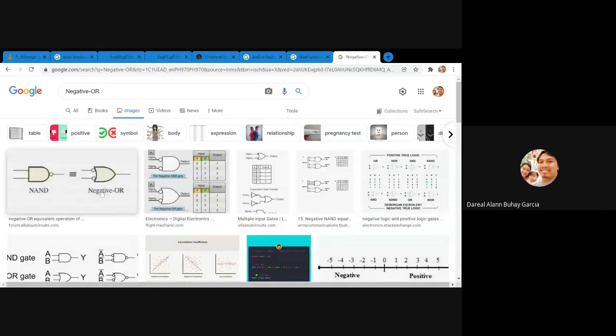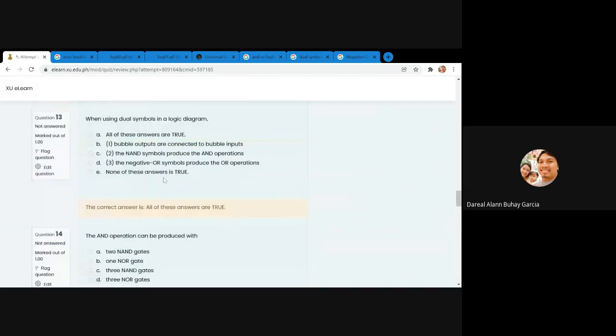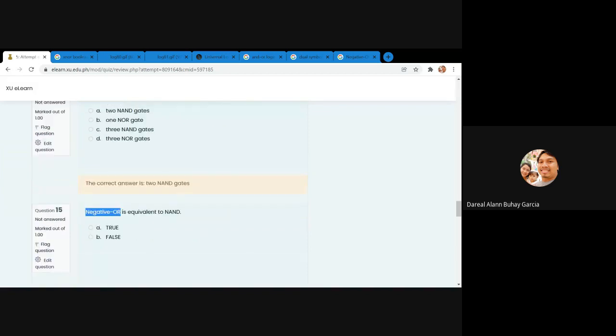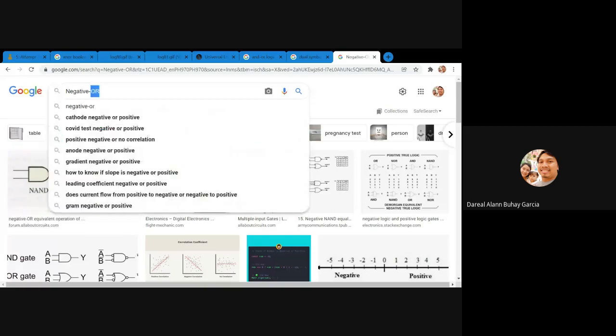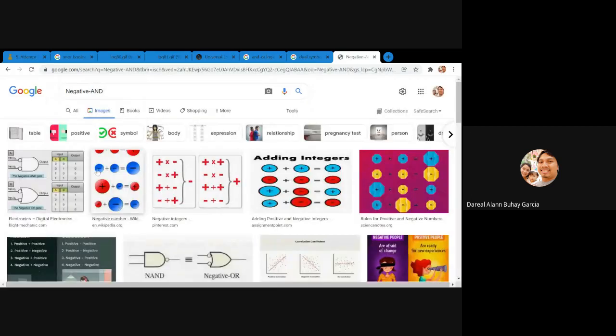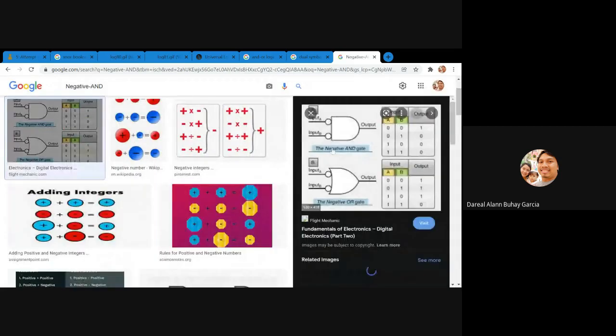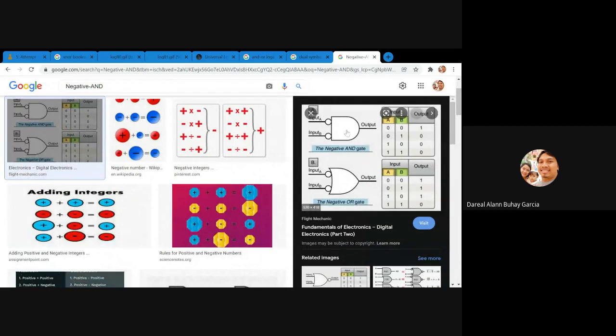Ano yung negative OR? Sakto. Negative AND is NOR. No?